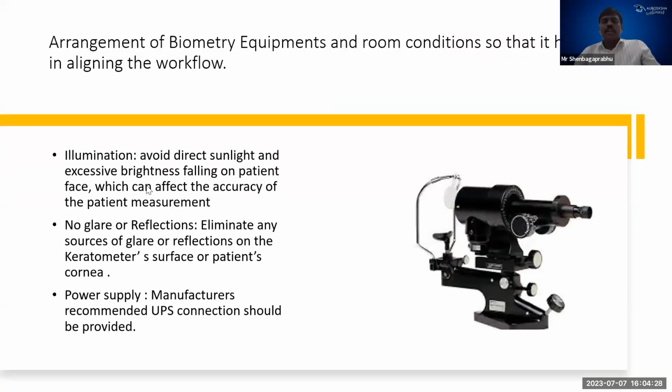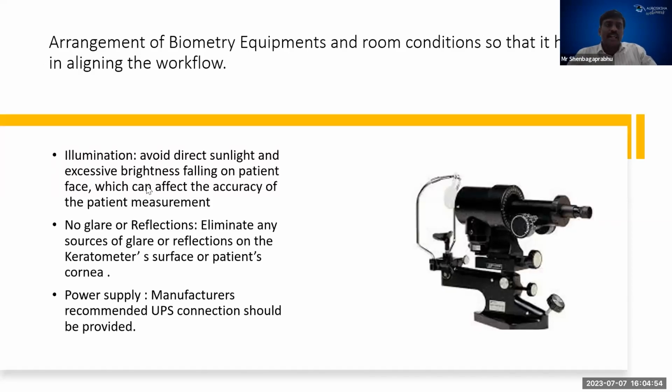When it comes to the keratometer, it is a basic instrument that we should have across all practices. It is used to measure the curvature of the cornea. Here the size of the reflected Mires image is used to calculate the curvature of the anterior cornea, thereby converting the curvature into diopters, which is then used for the IOL calculator. As it involves reflection, the room lighting condition is very important.